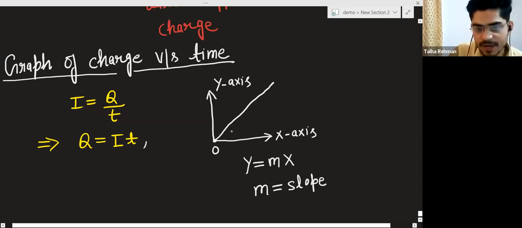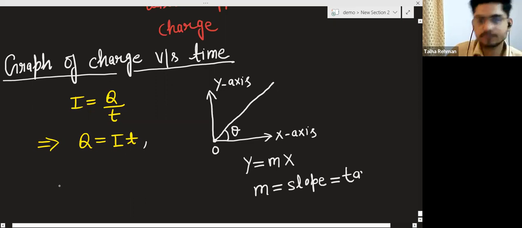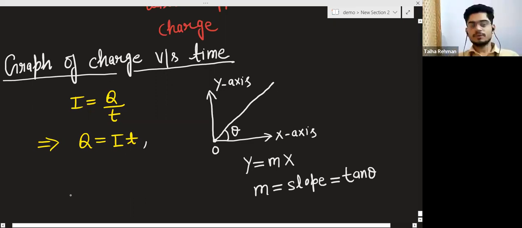And if this line makes an angle theta with the x-axis, then we can also write tan theta is the slope.